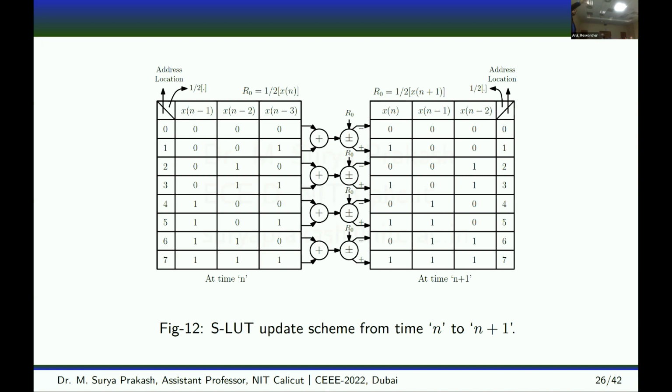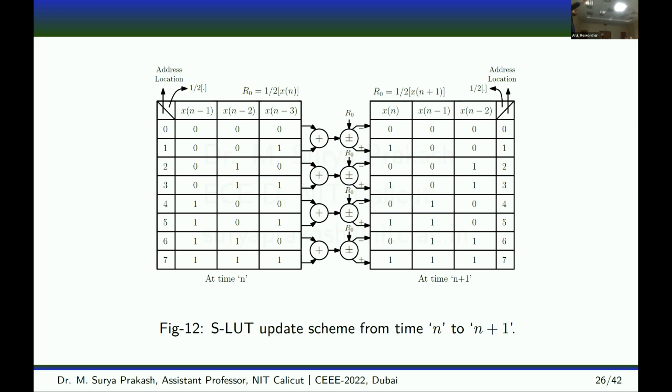And here in the nth iteration, we can clearly see that the signs of partial products are taking a binary pattern, starting from all zeros to all ones. Even in the n plus 1 iteration, we have such a necessity, but because of this particular secondary lookup table update scheme, what we end up with is not a binary pattern, but a circularly right-shifted version of the binary pattern. So on the left-hand side, we can see the binary pattern.